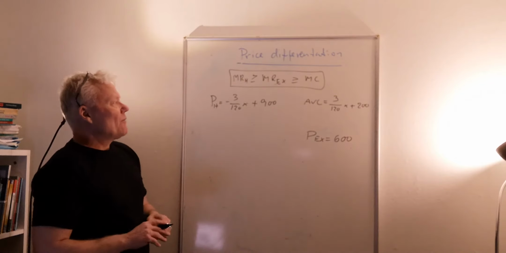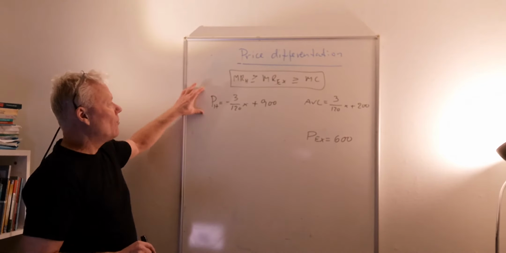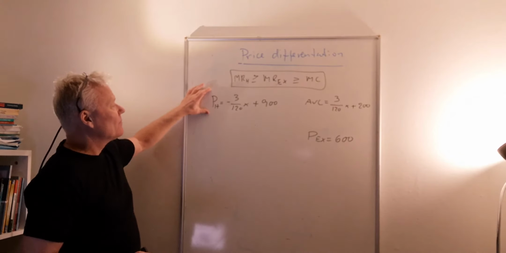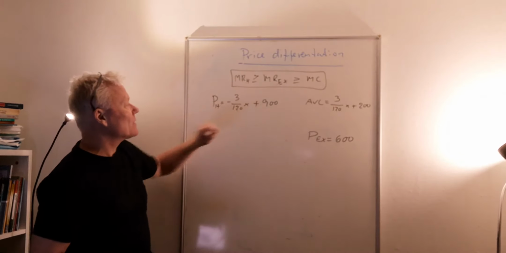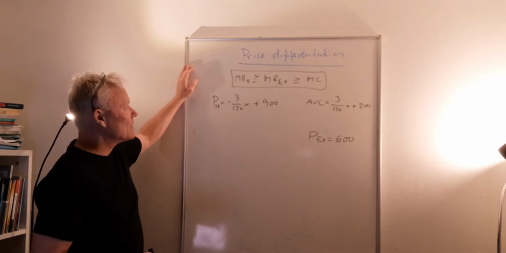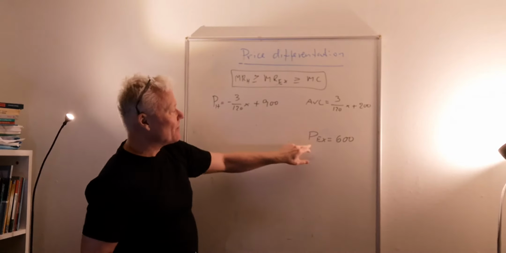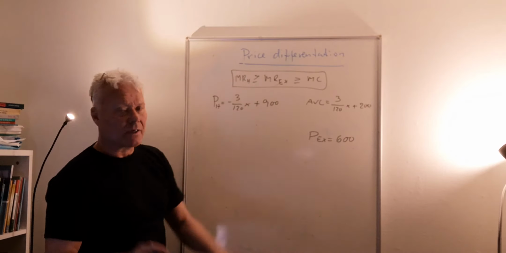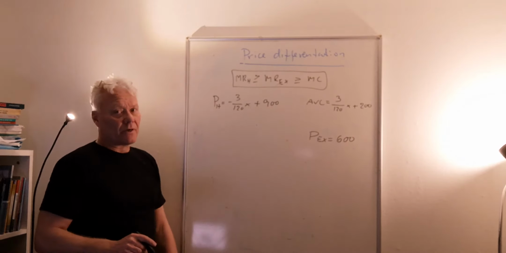In this case, we have a home market price called PH, which is the one up here, minus 3 on 120 x plus 900. And then we have a selling price on the export market, which is 600, and we can sell anything that we want to sell at a price of 600.